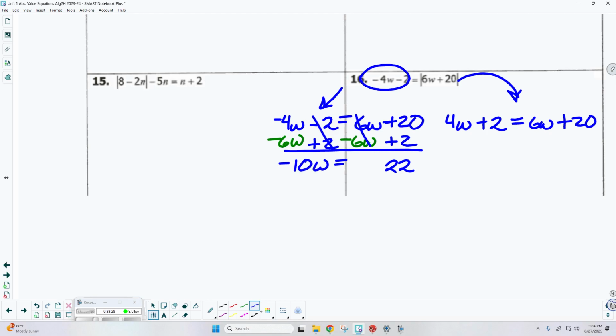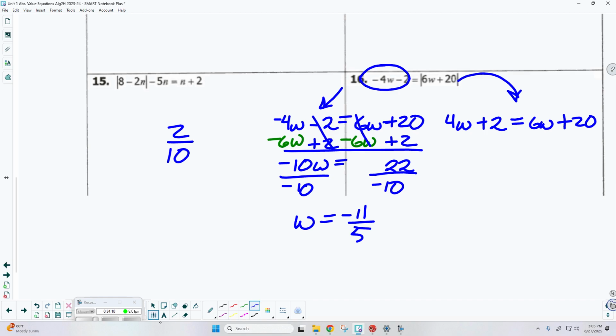Now all I have to do is what? We're going to divide by this -10 right here. So my first possible solution, -22 over 10. Okay. So this one's going to be -11 fifths. Here's a possible solution.